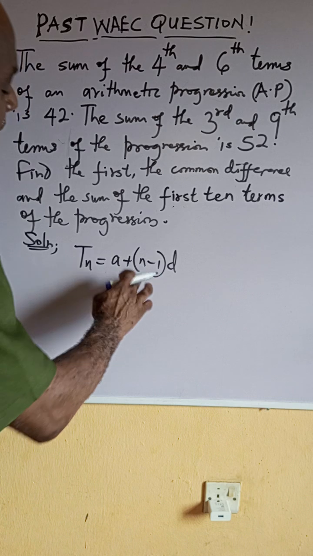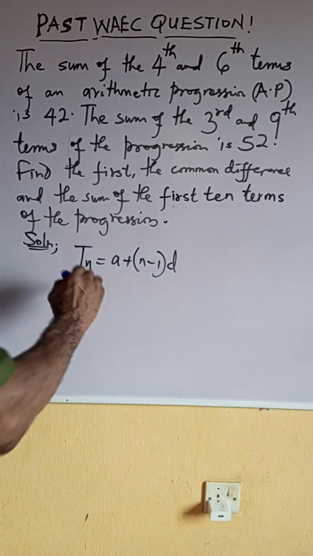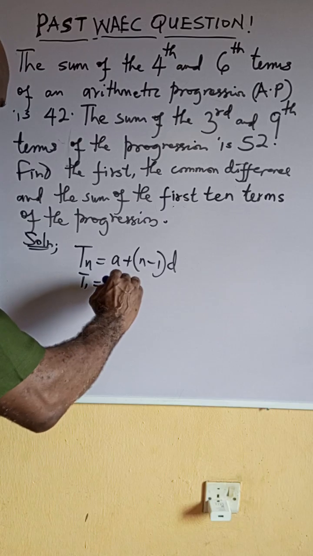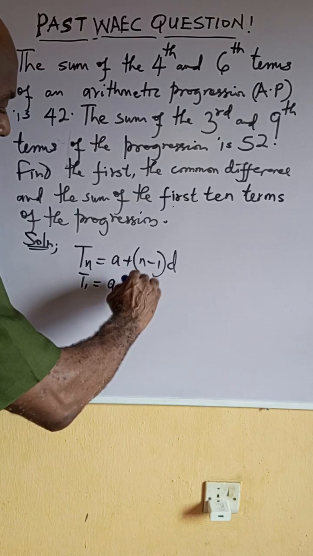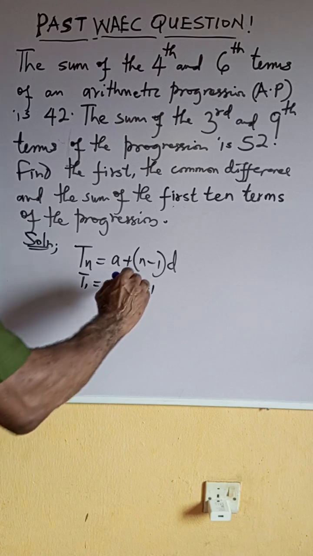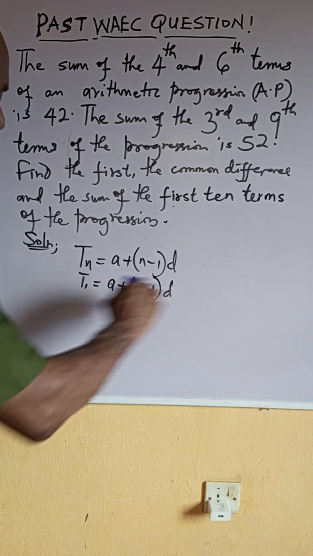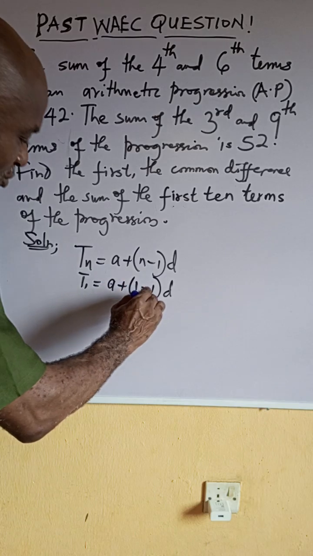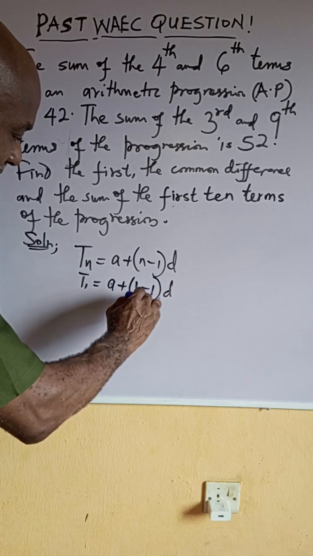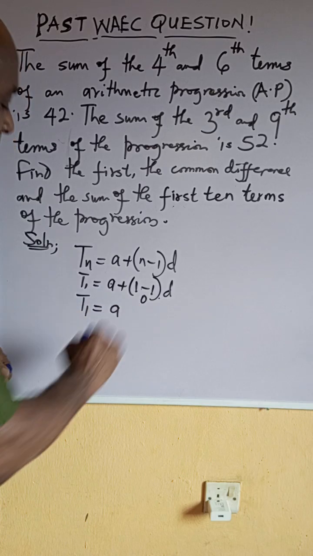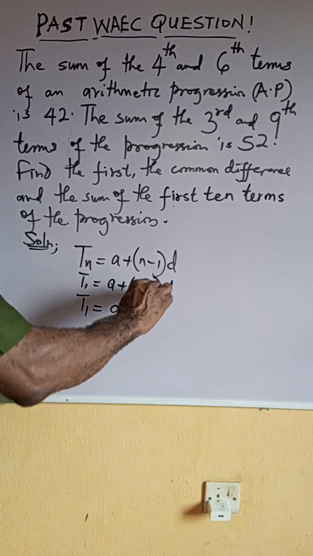Now, in AP, the first term, T sub 1, is gotten as A plus n minus 1 times D. Because we are dealing with the first term, T sub 1 is equal to A plus 1 minus 1 multiplied by D.